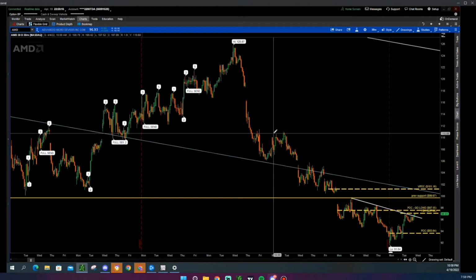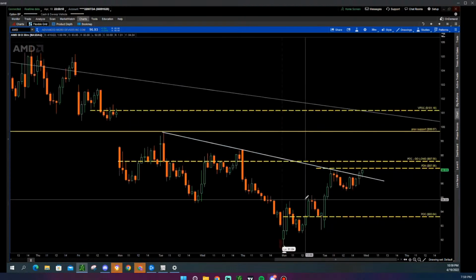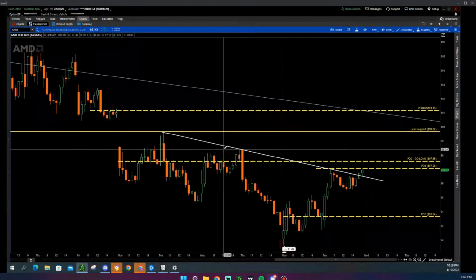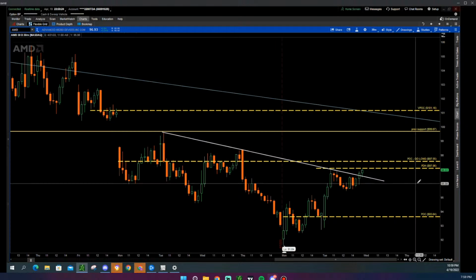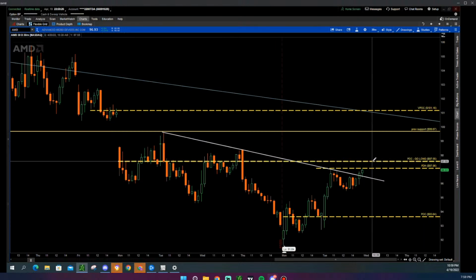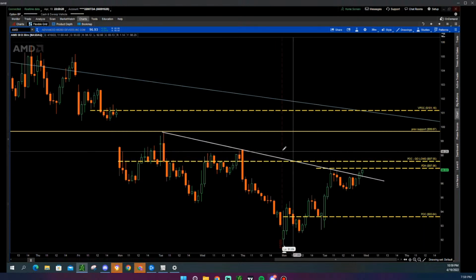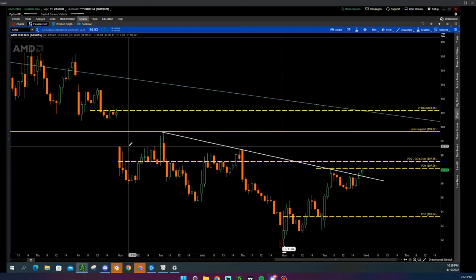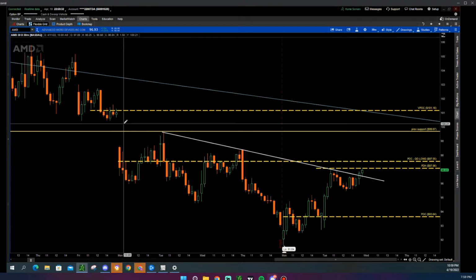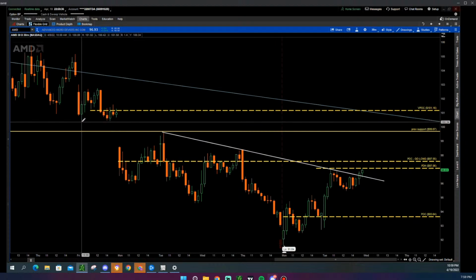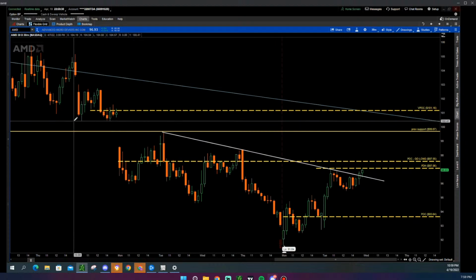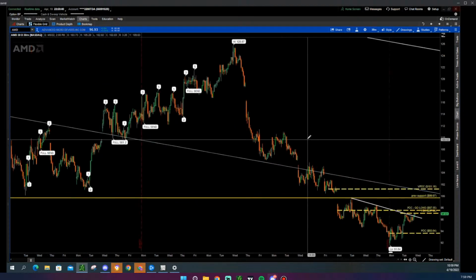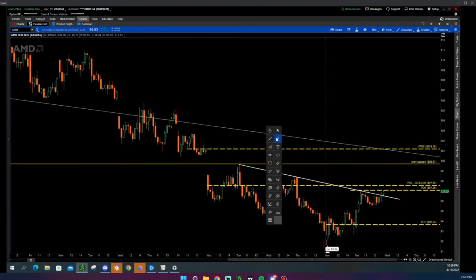Yeah. So we have a little bit of inverse head and shoulders here. The safer entry may be 98.38, but I'll probably go in long at 97.55 here, as we have a gap also here at 98.6 that we never really filled all the way. So right at 100 is the gap if you guys look at it.